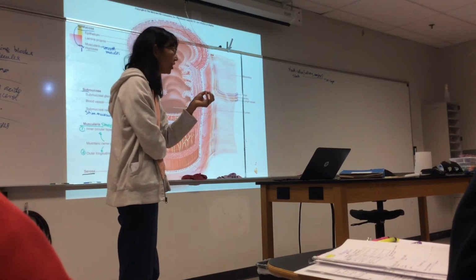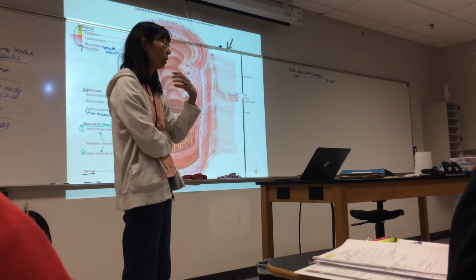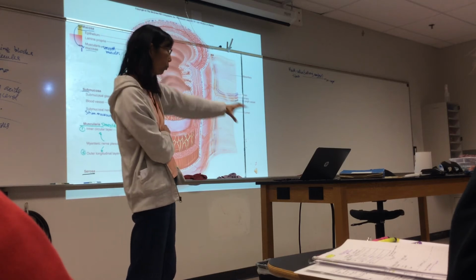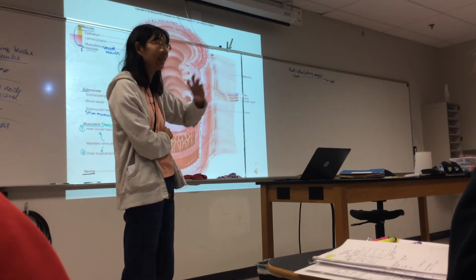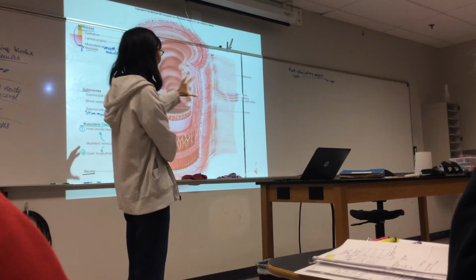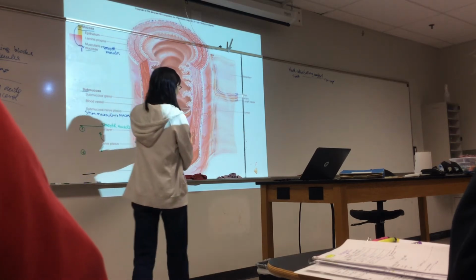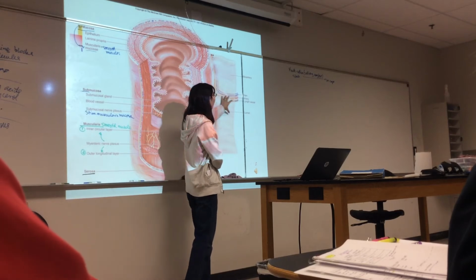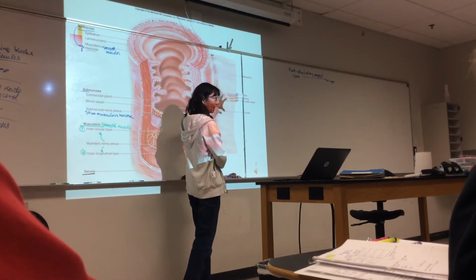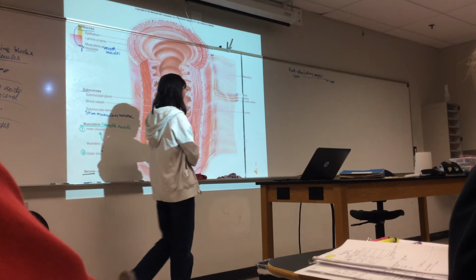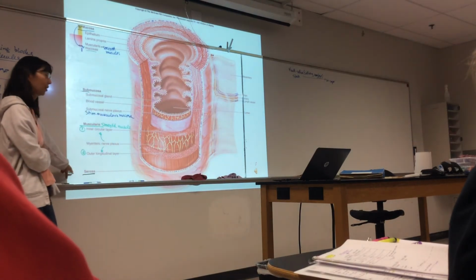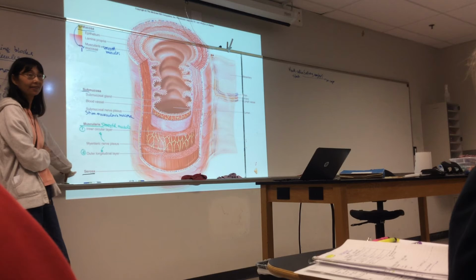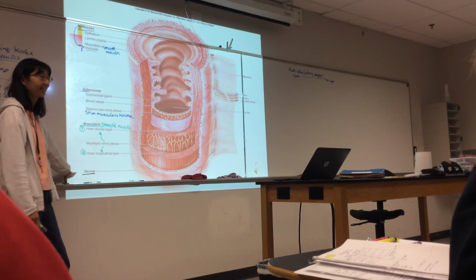Because the blood supply going to and away from the digestive tract is huge. So here you see the blood vessels and the lymphatic vessel coming to and from the digestive tract. It runs in a layer by itself called the serosa. Okay? It's its own name. That make sense?